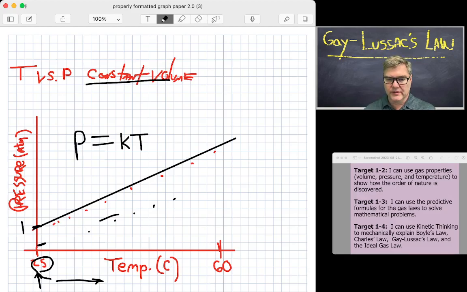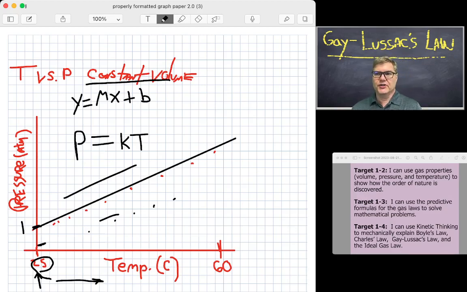That's linear. And you learned that when you have a straight line, that is y equals mx plus b. And I want you to notice how the y equals mx plus b looks compared to our P equals KT.